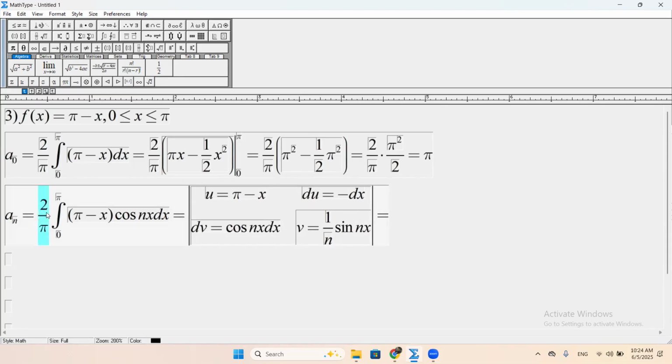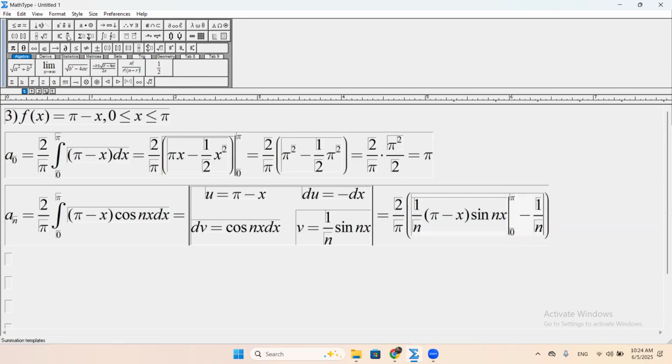Okay, calculating the integral. So 2 over p. First of all, writing down the uv product with the substitutions from 0 to p, minus 1 over n integral from 0 to p of sine of nx dx.